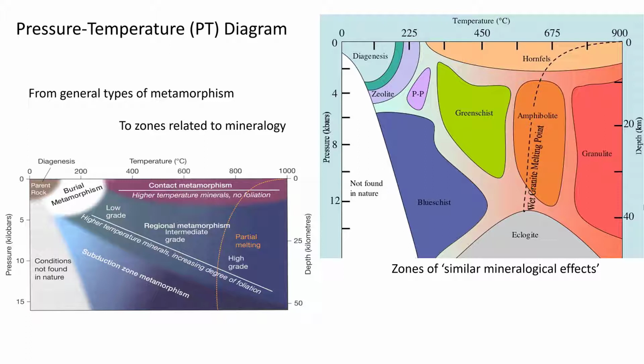And now I hope you can start to see how we can observe rocks in the field, such as a hornfels or a greenschist, and piece together the pressure and temperature conditions that were required to form these rocks, bring this back to this other diagram to then make interpretations about where these rocks would have formed in a plate tectonic setting, and ultimately piece together the geological history of these rocks and the area in which they formed.